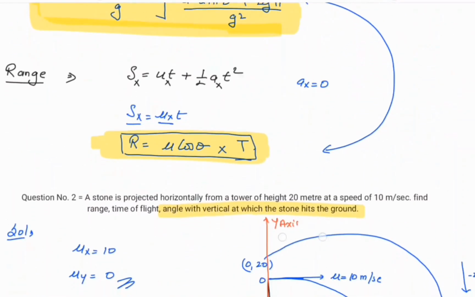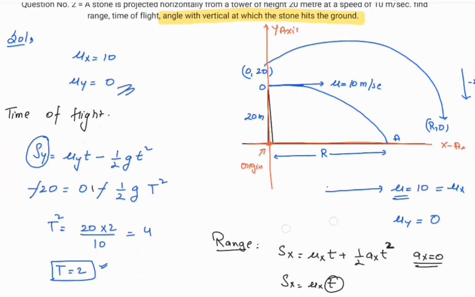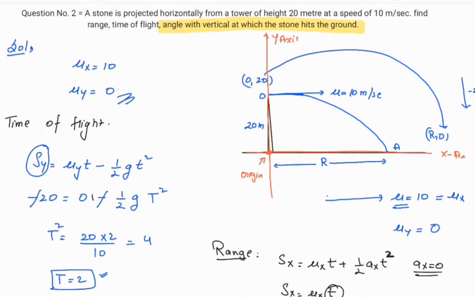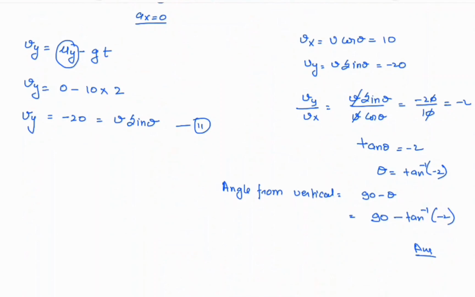Then we saw a second case where we threw our projectile at angle 0 from the horizon, along the horizontal axis, where we got u of y as 0. Then time of flight, range and angle from the vertical. Now we will discuss the cases of inclined plane.